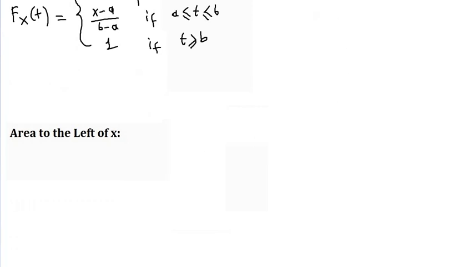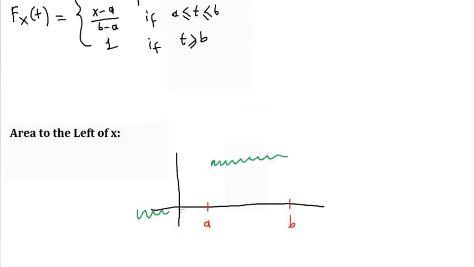Area to the left. Let's roughly sketch this. We have some uniform random variable, let's call it AB, and roughly our graph, the PDF, is like this, and we are looking for some value c to the left. So that means that is the area of this rectangle.